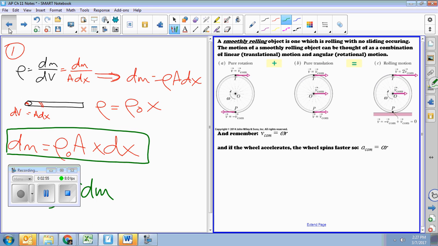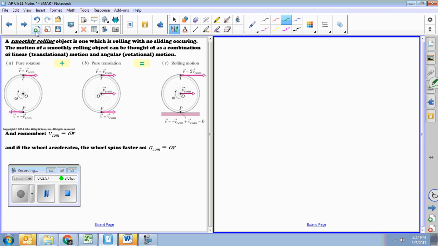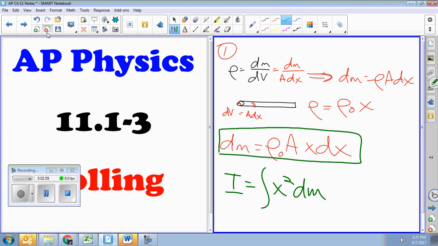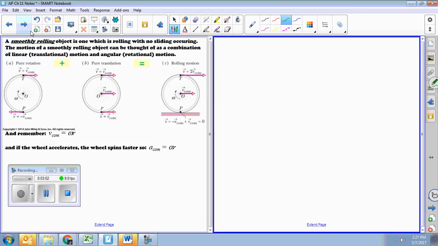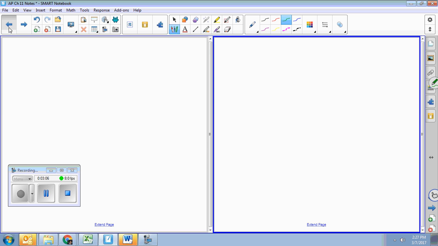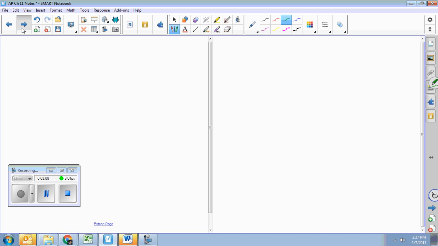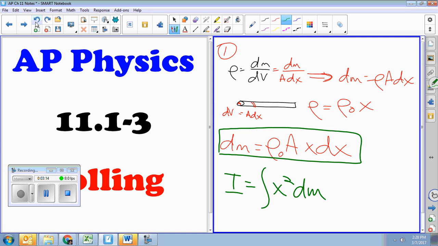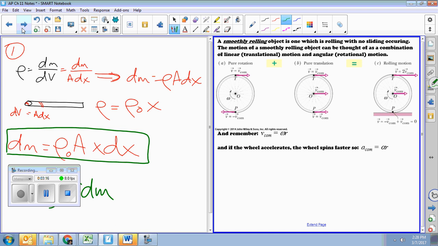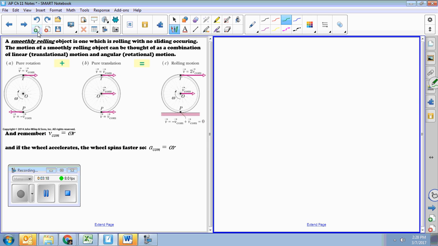Oh, darn it. Why does it hate me? Oh, because it's not calibrated. Where did all of my work go? Did I delete it by accident? I totally did. So there's that. I want to be here, and I want to put in a blank page.